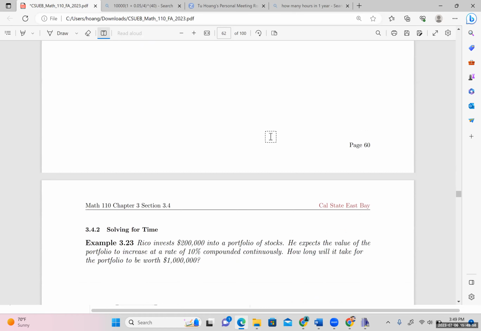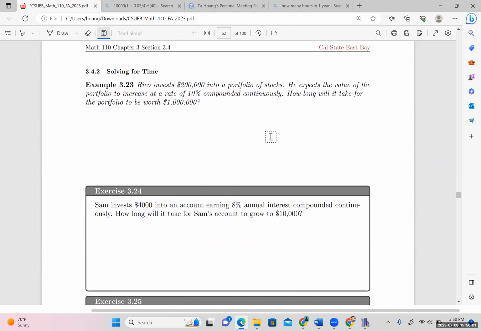Okay, so we will move to the next part of this section, which is 3.4.2, solving for time. Okay. So this is a... you know what, I'm going to stop the video here. I want to spend 3.4.2 solving for time in another video.